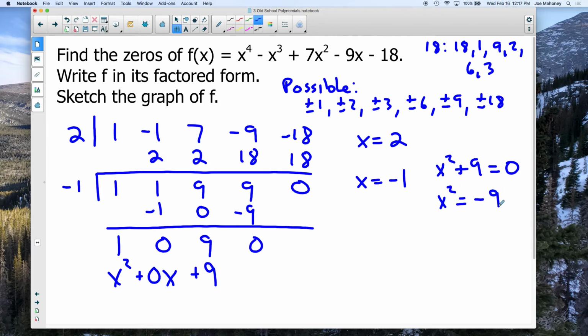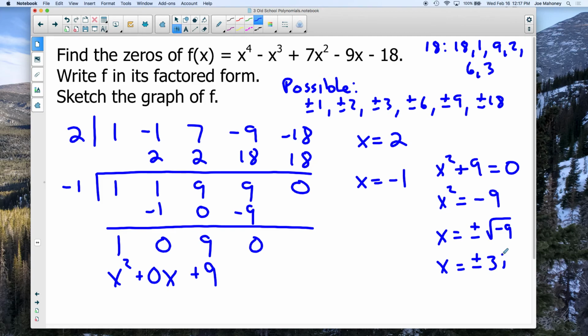I take the square root of both sides, and I get plus or minus the square root of -9. Ooh, baby. How about plus or minus 3i for that one? And you're saying, whoa, where did that come from? It came from the fact that we have 2 other roots that are imaginary.